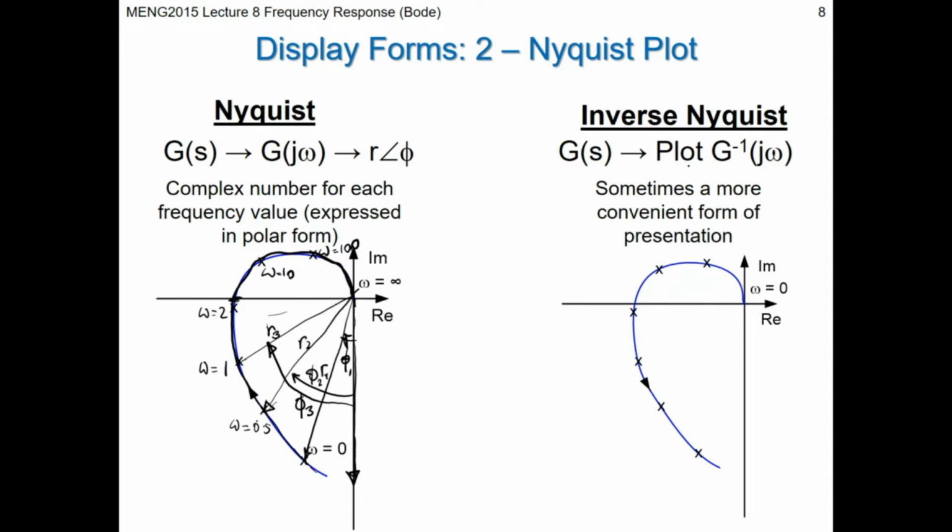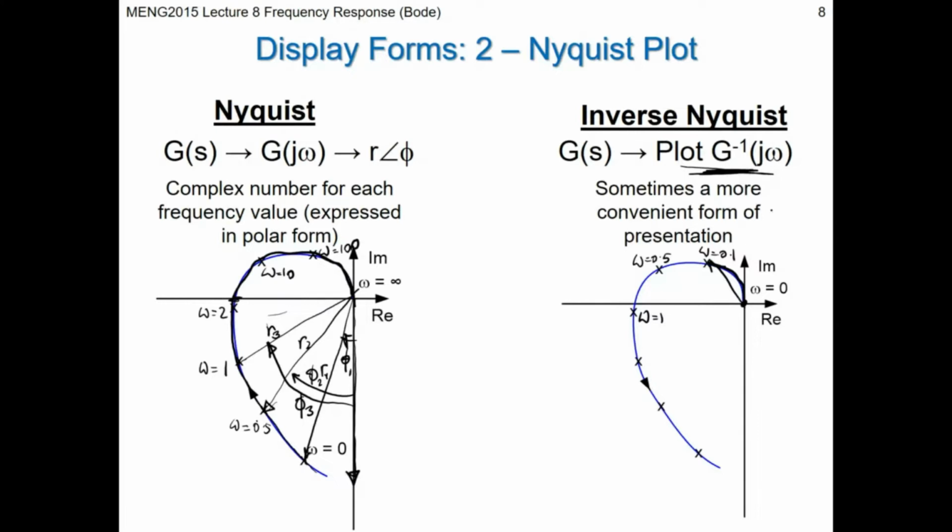Sometimes you do what's called an inverse Nyquist, and to do that you plot the inverse transfer function. So now when you have a small omega, you're starting at the origin, and the plot will work out. Again, each of these is a value of omega. We start with 0, small values of omega, and we build up.